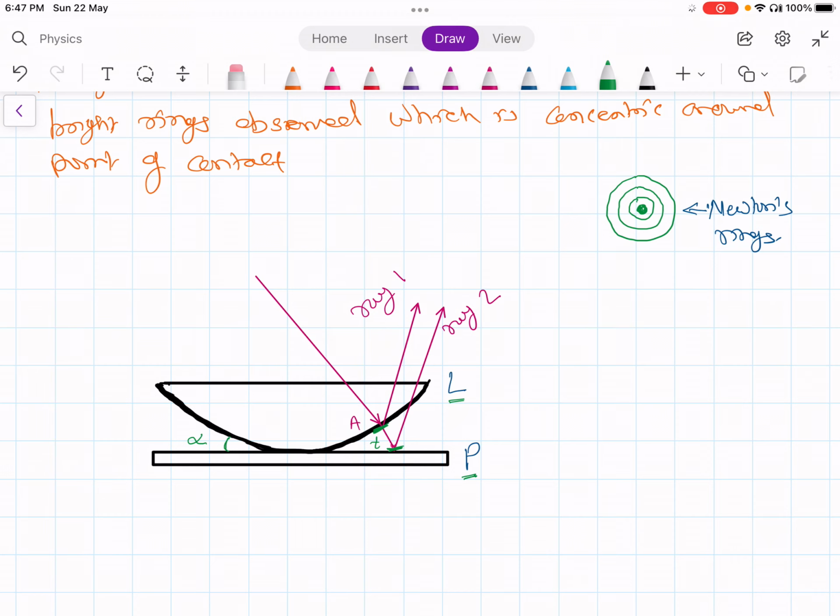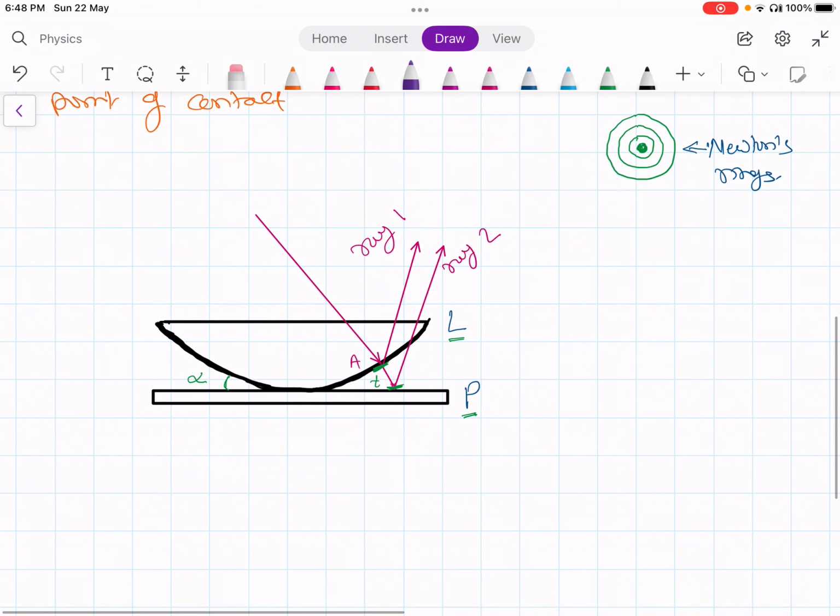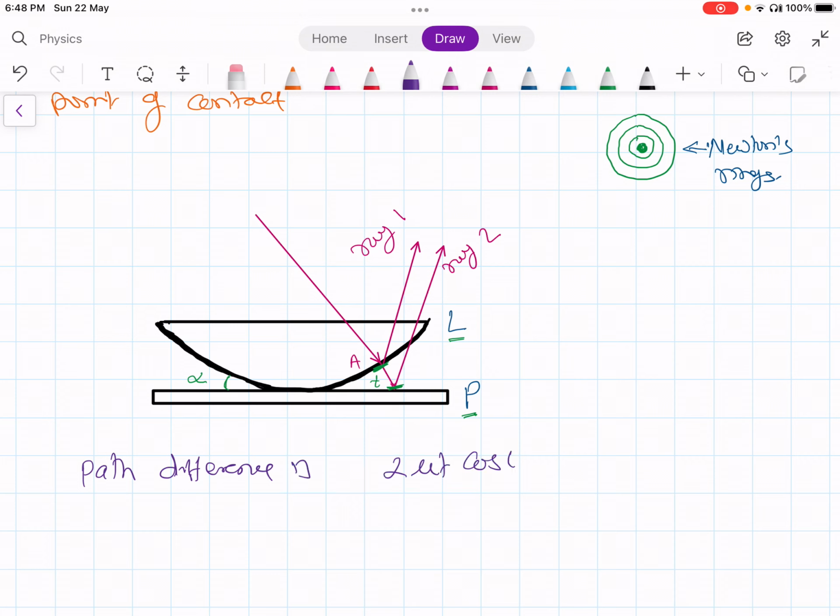We already know the path difference between ray 1 and ray 2. We derived that equation for the wedge-shaped air film: the path difference is 2 mu t cos(r plus alpha) plus lambda by 2.